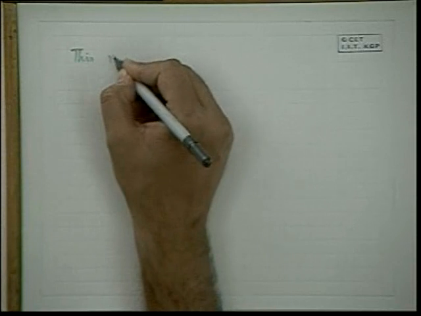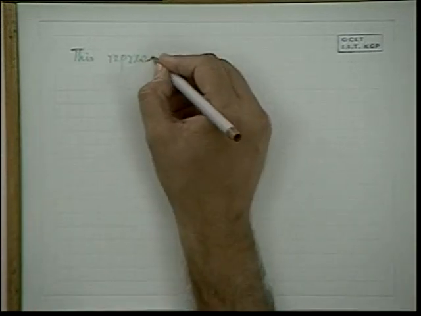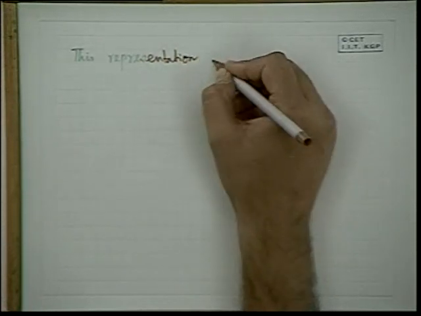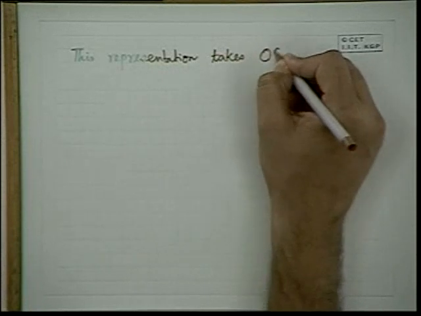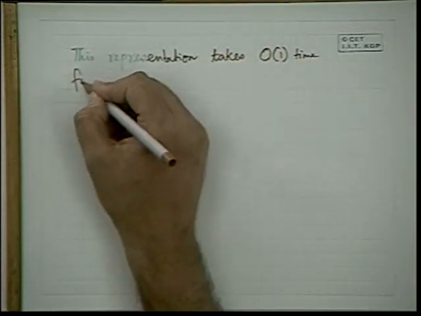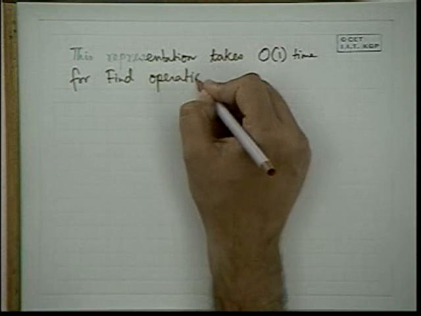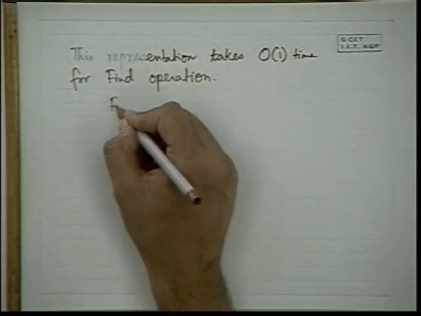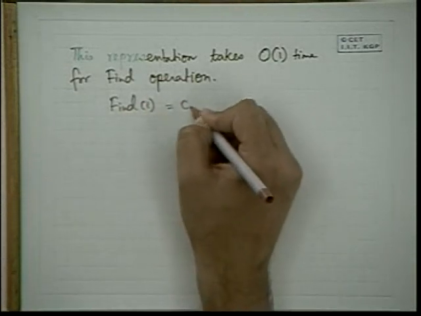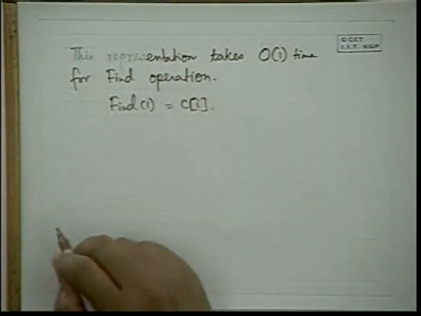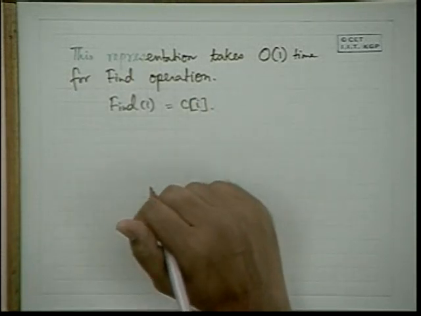So this representation takes order 1 time for find operation, because find i is equal to nothing but C of i.